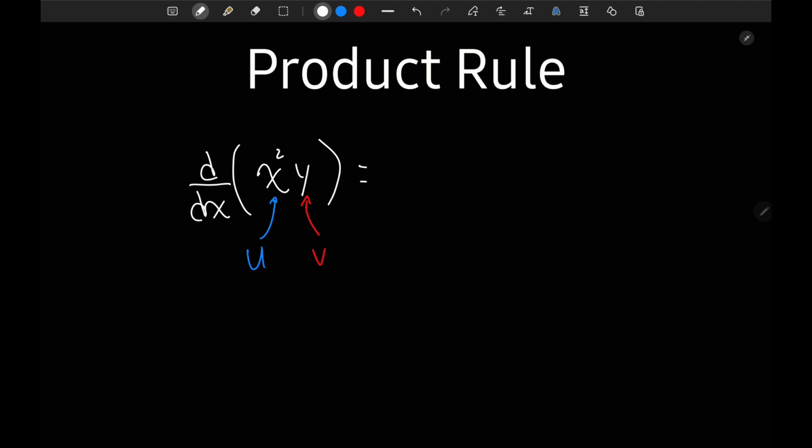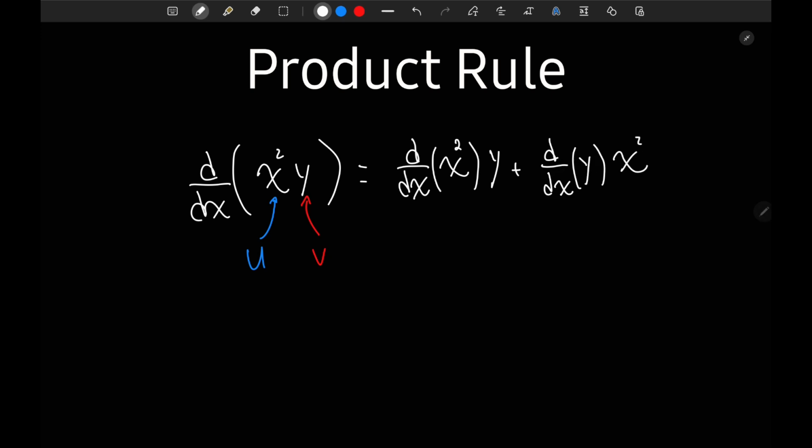And so evaluating this, if we take the derivative of the first term, we can write out all our steps the first time here. And so we'll have d/dx of x squared multiplied by the second term plus the derivative of the second term multiplied by the first term.